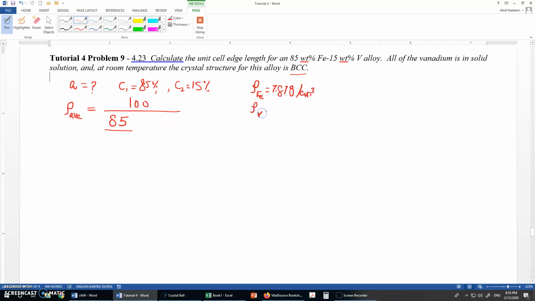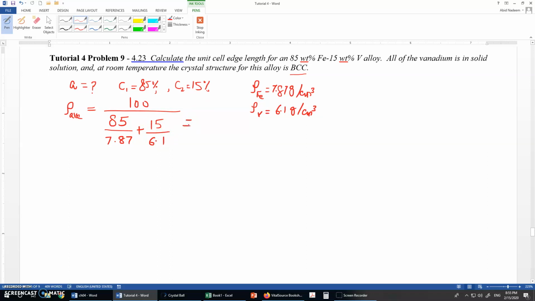The density of vanadium is 6.1 gram per cubic centimeter. So 85 divided by 7.87, plus 15 divided by 6.1.